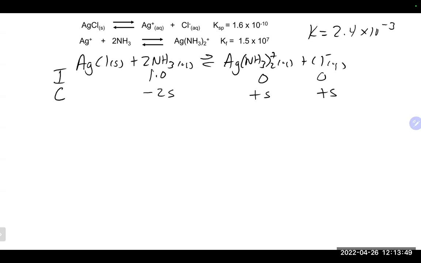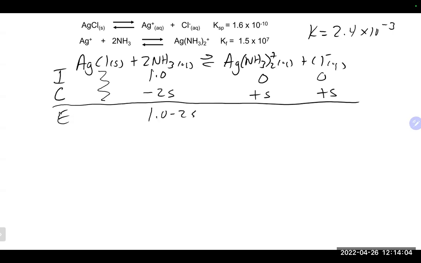So we actually, in this case, do have something we need to worry about. I am clearly not worried about this guy because it is a solid, so I'm not going to put anything there. That means when we do get to equilibrium, we end up with 1 minus 2s here, s and s. Any questions on the ICE table there?